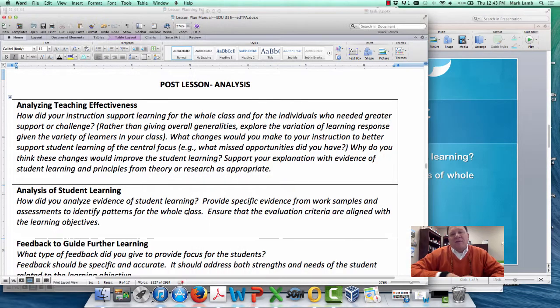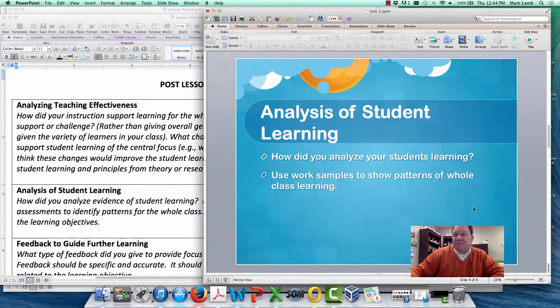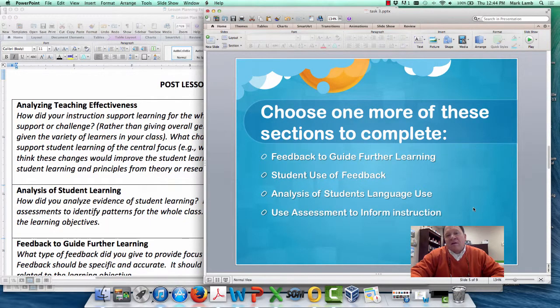Again, if we look over at the template, same question starters, reminders about the evaluation criteria being aligned to the objectives, and what patterns you might have seen for the whole class. In the next sections, you're just required to choose one of these following sections.